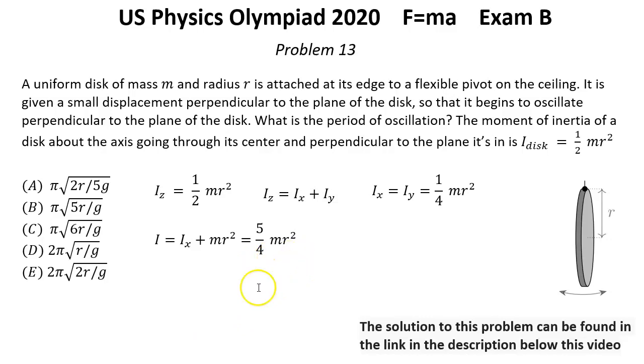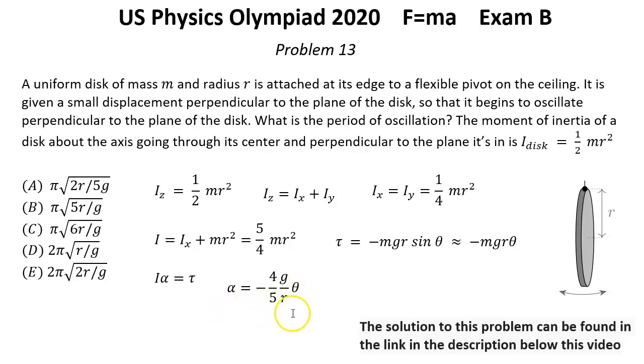And now we can make the equation for small oscillation. If we make a small displacement by angle theta, we have torque created by the force of gravity equal negative mgr sine theta, or for small theta that will be negative mgr theta. Now we can write the equation I alpha equal tau, and finally we have angular acceleration proportional to angular displacement with a negative sign.